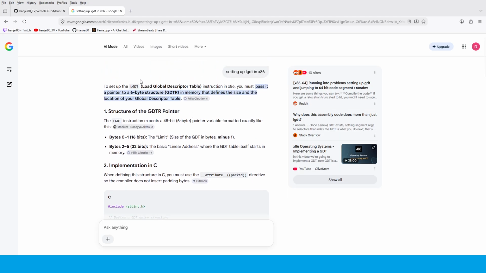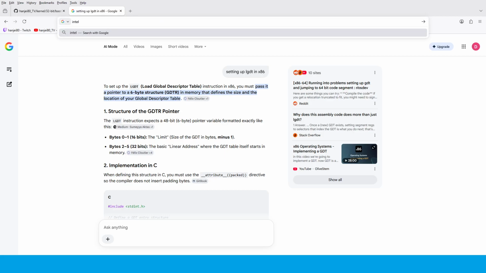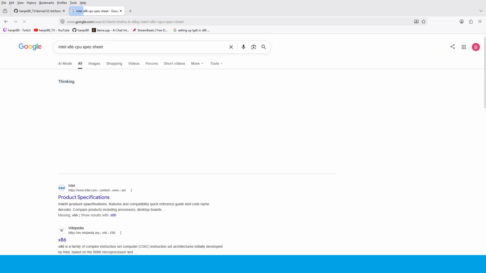But to understand it all, you need to look at the Intel x86 CPU spec sheet.